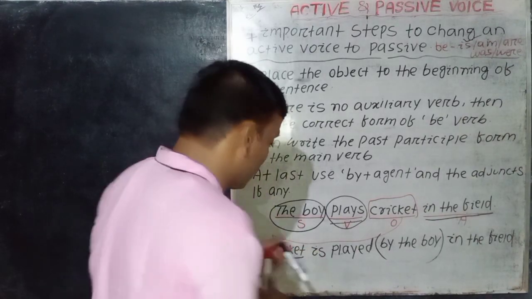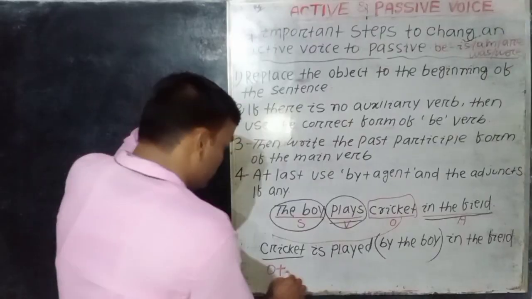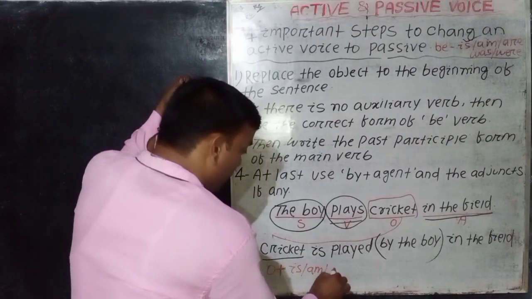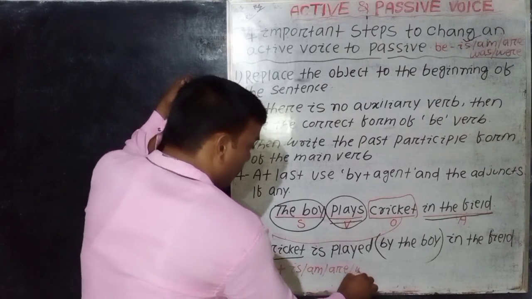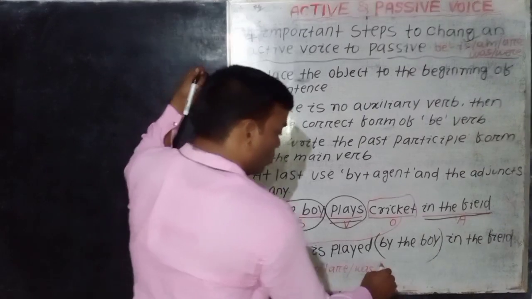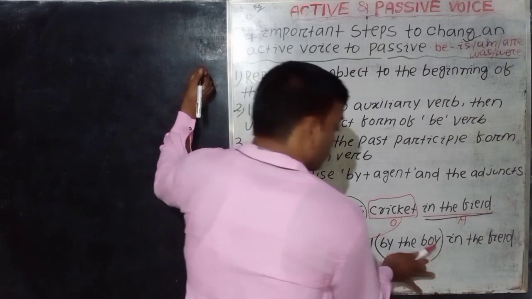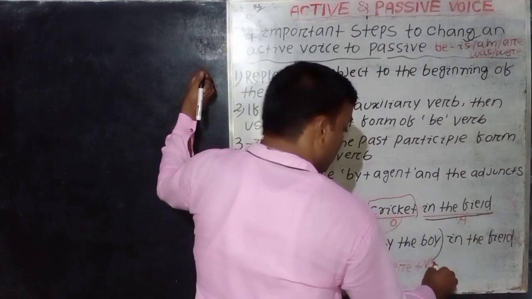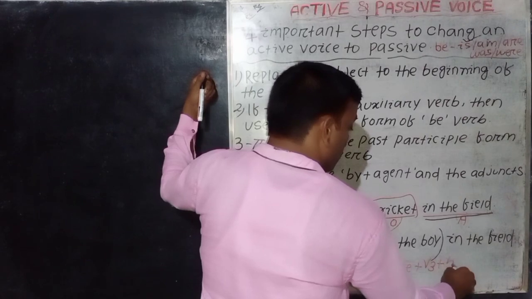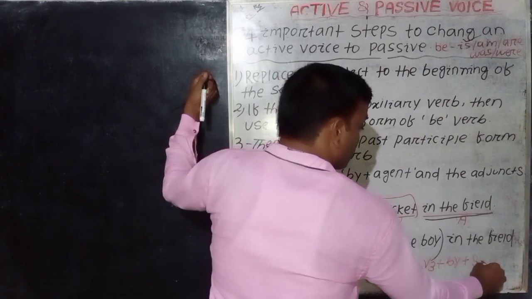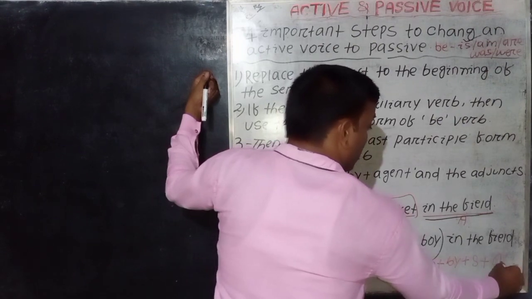Please remember: object plus is, am, are, was, were plus V3 plus by plus subject plus adjunct.